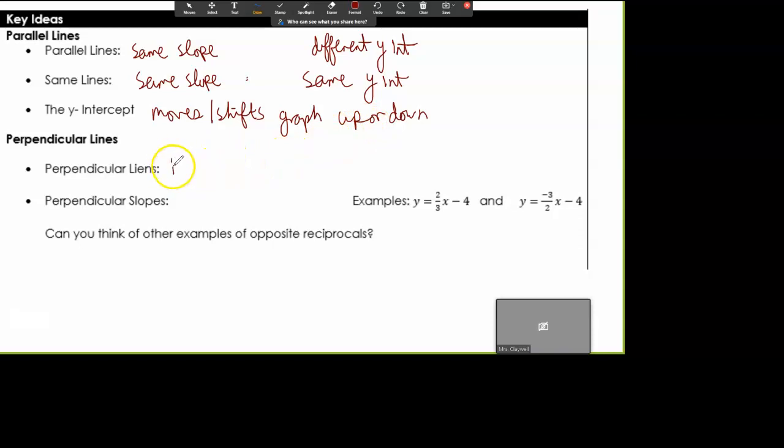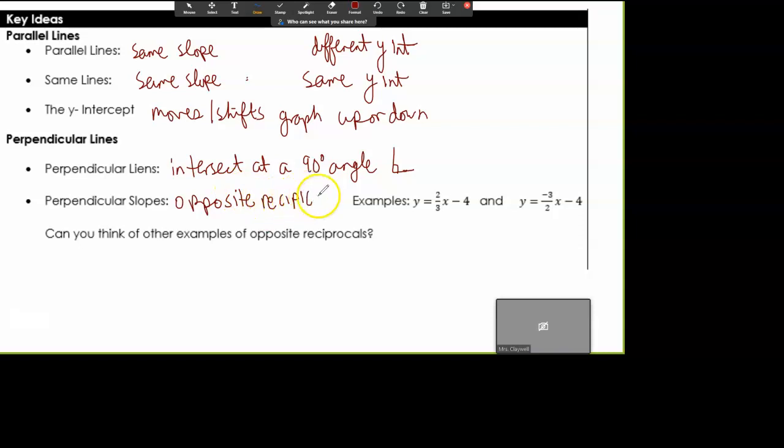Perpendicular lines intersect at a 90-degree angle. Perpendicular slopes are opposite reciprocals.